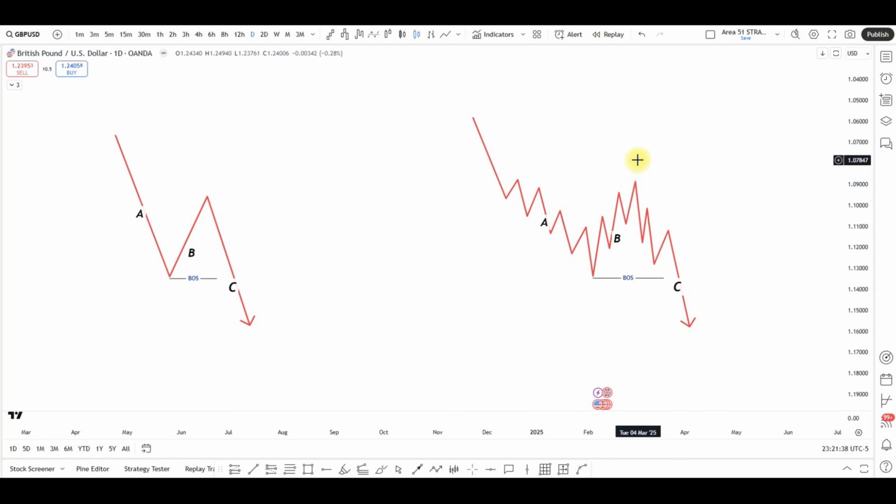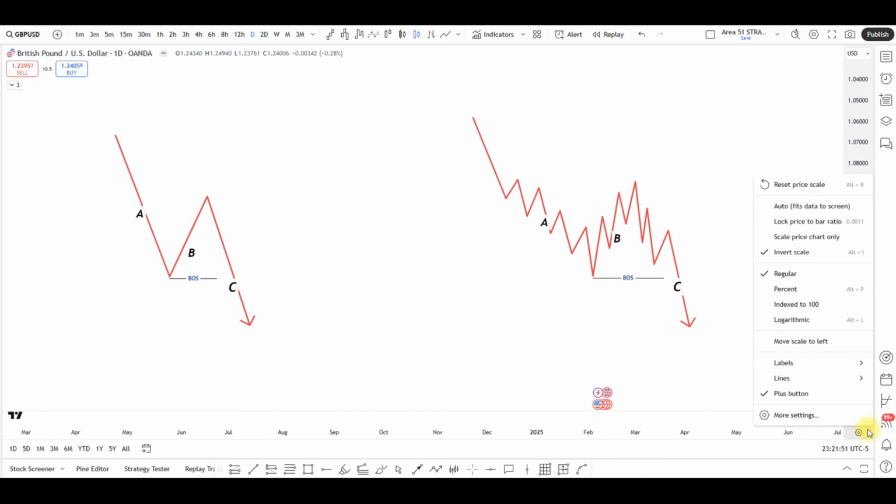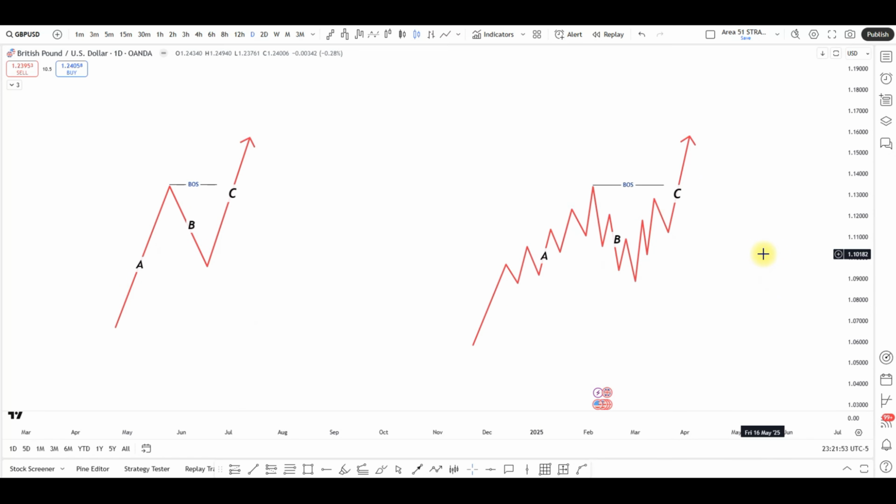Impulsive, corrective, continuation. In another way, we call this drop, base, drop. This is only if you're using a supply and demand method. And in the uptrend, we call this rally, base, rally.